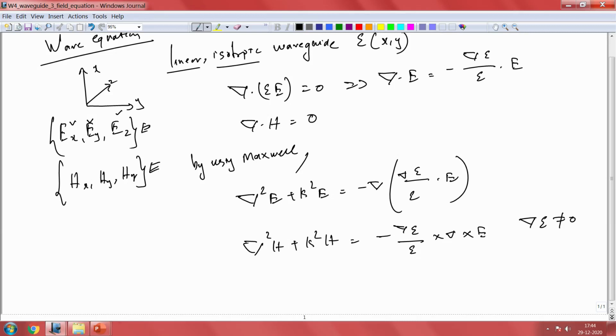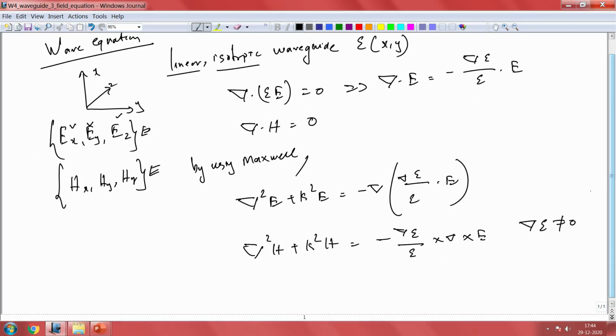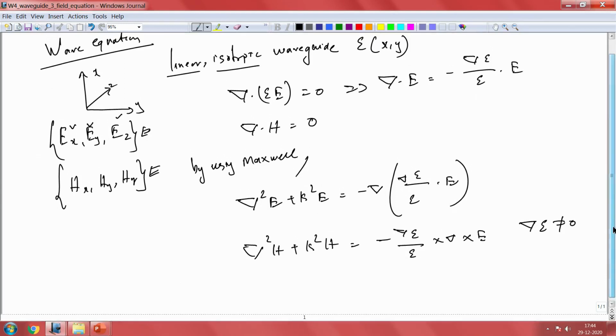So, the vector characteristic of these mode fields in a waveguide is strongly dependent on the geometry and the refractive index profile of your waveguide. The reason for that is epsilon x y, right. It strongly depends on the dielectric constant, how it is represented in the structure.